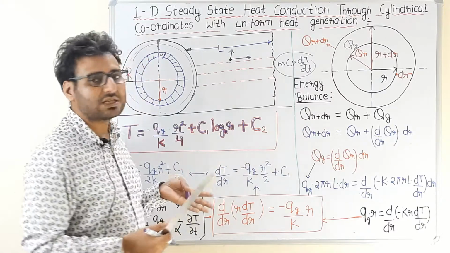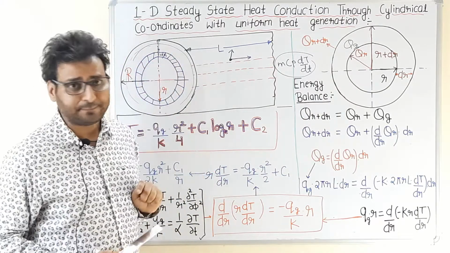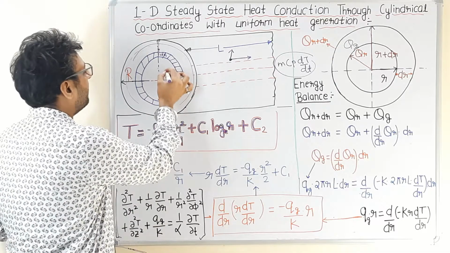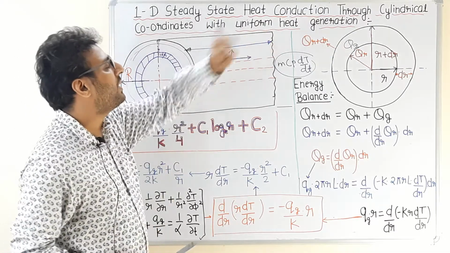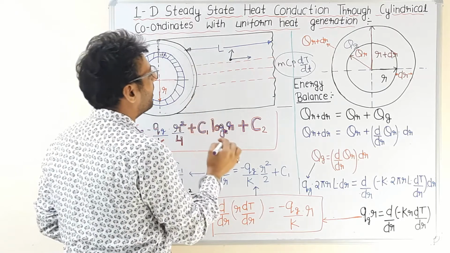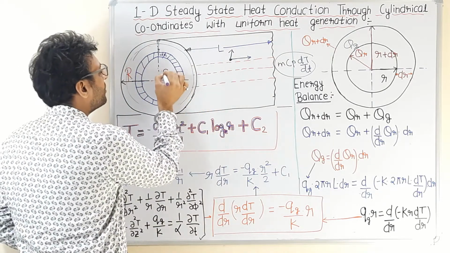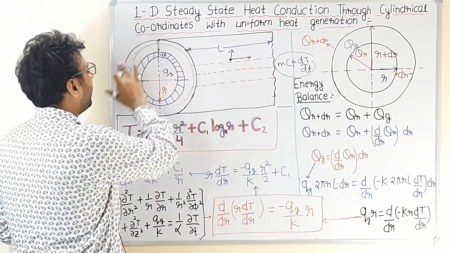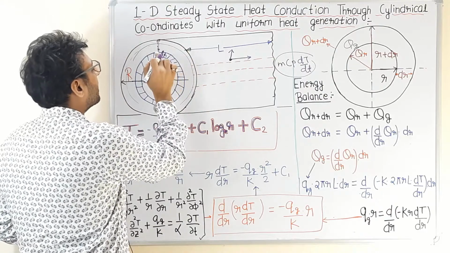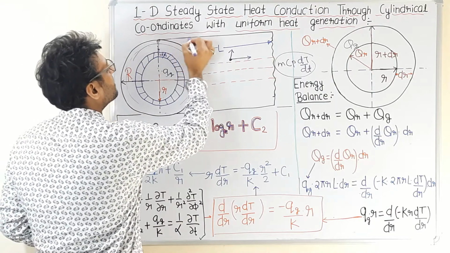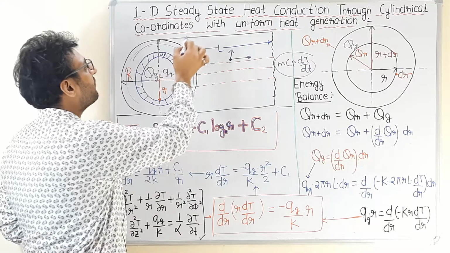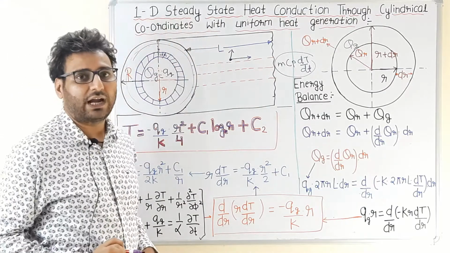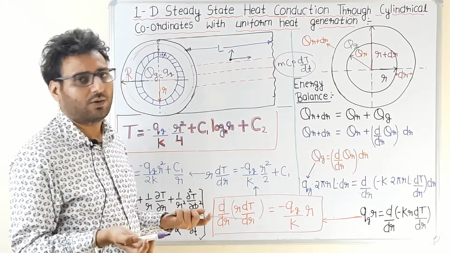Now I am going to discuss what is happening in this element. Heat is generated at every point in this element because we are considering uniform heat generation. So heat generated by a point is small qg. Total heat generated by this cylinder is conducted to the surface at the same rate. From the surface, at the same rate, heat is convected out to the atmospheric fluid, which is generally air.